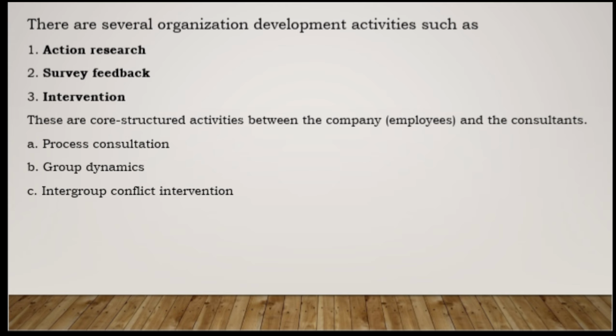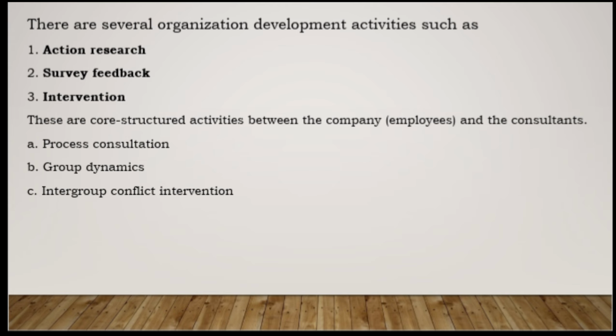This is data gathered through attitude surveys and workshops, forming the foundation for creating action plans to address issues. Third is the intervention. This intervention has 7 structured activities between employees and consultants aimed at resolving issues.